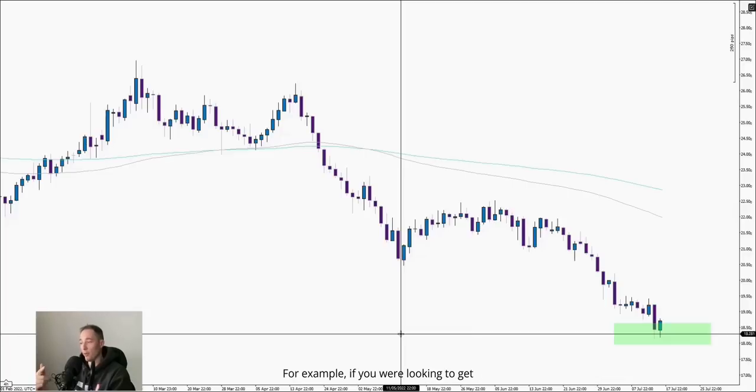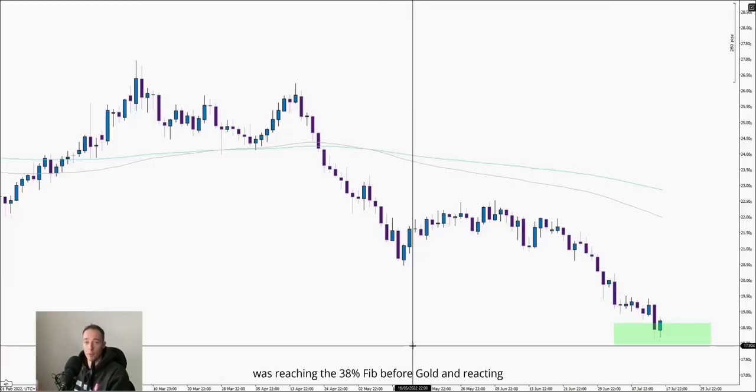So for example, if you were looking to get them linked and synced to a 38 fib, and silver was reaching the 38 fib before gold and reacting from it, it will give you the insight that if silver reached the 38, it's likely to work. That's the way I interpret this, and that's the way I use it.